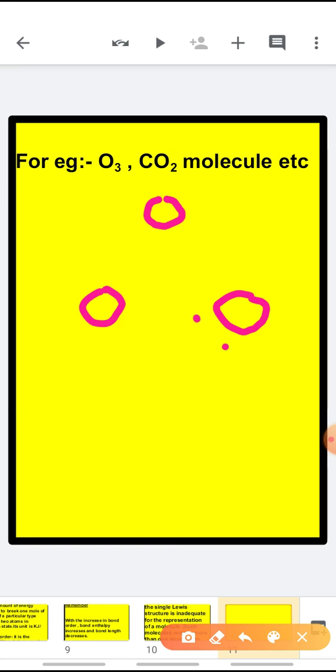Now 1, 2, 3, 4, 5 and 6. Similarly, this oxygen atom also has 1, 2, 3, 4, 5 and 6. And this oxygen atom will form a coordinate bond by sharing one electron pair with this oxygen atom.